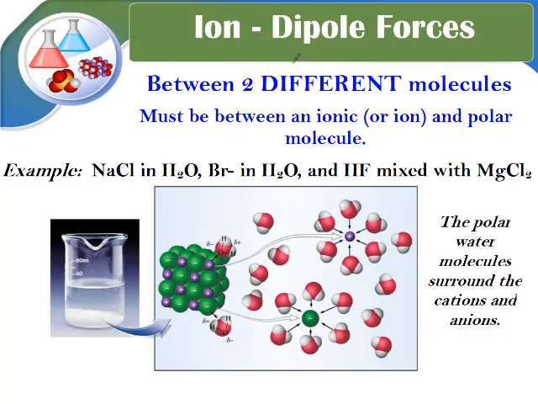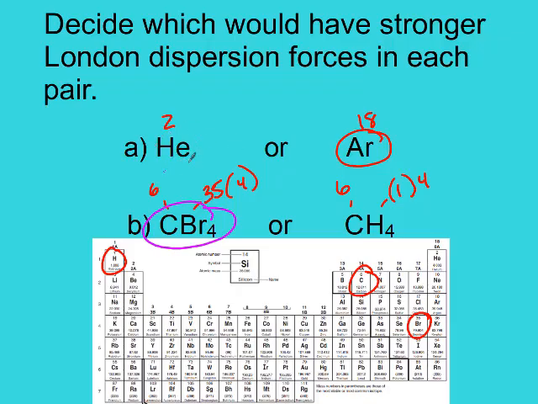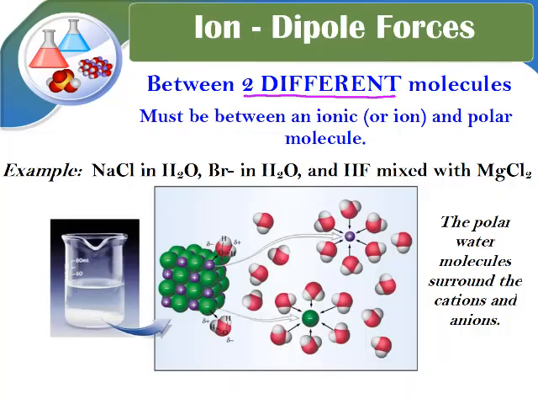Ion dipole forces are between 2 different molecules. All the ones we've seen before, I can have a bunch of water and they're going to form hydrogen bonds between them. Or if I have a container of helium, they're going to form London dispersion forces between the helium atoms. But for this one, it has to be 2 different molecules.